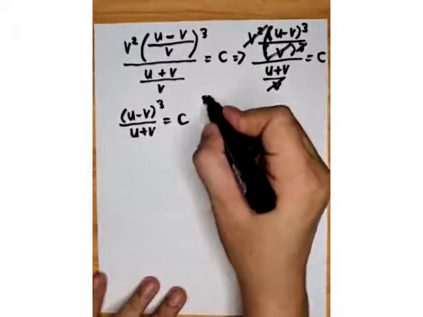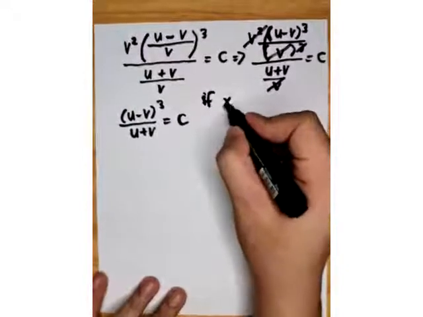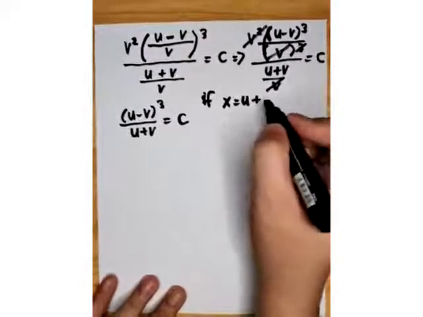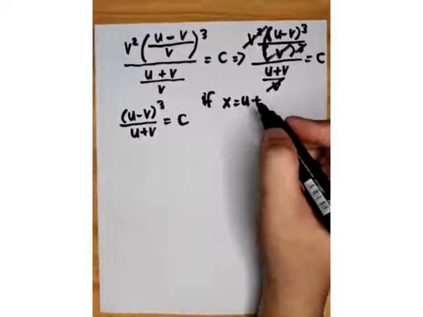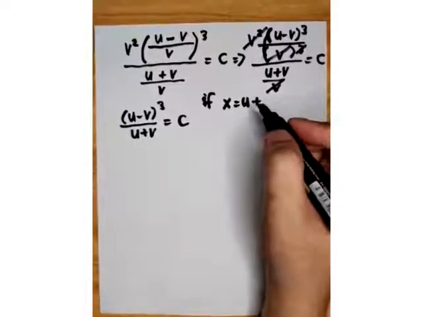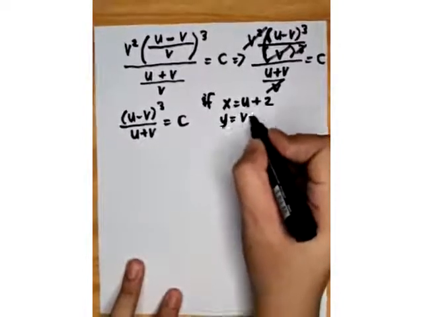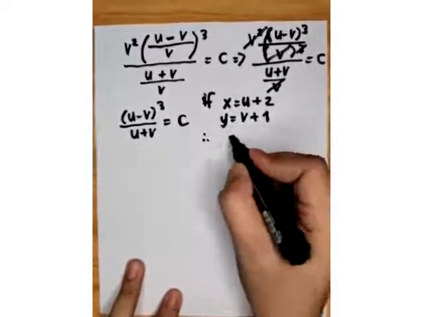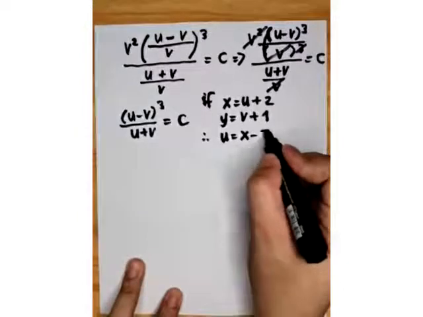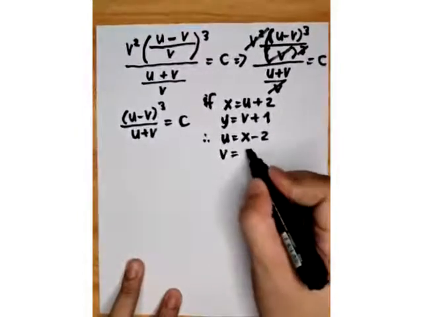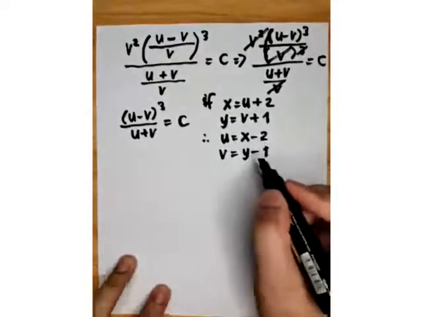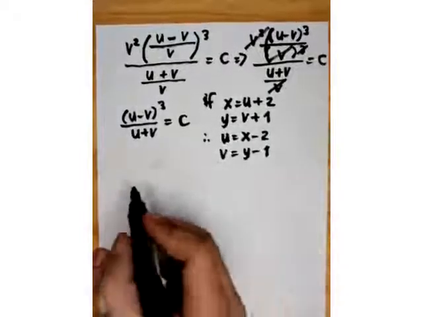Since if x is equal to u plus 2 and y is equal to v plus 1, so therefore, u is equal to x minus 2 and v is equal to y minus 1. So substitute natin ito sa dalawa.